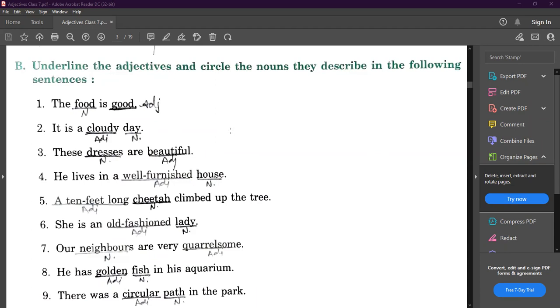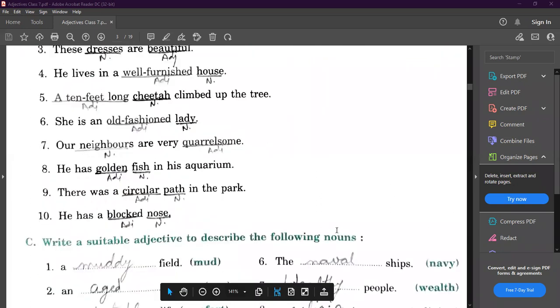Quarrelsome, adjective. Neighbors, noun. He has golden fish in his aquarium. Fish, noun. Golden, adjective. There is a circular path in the park. Circular, adjective. Path, noun. He has a blocked nose. Nose is a noun and blocked is an adjective.